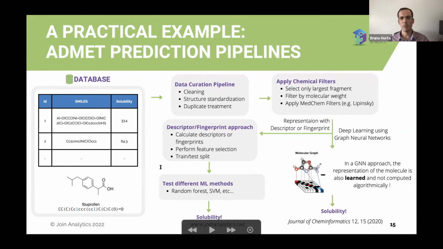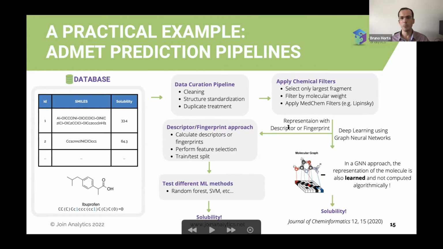represent those chemical structures with descriptors or fingerprints that are pre-calculated by algorithms. Because the computer will not understand this SMILES string. So you basically use the chemical structure to pre-calculate physical chemical properties or other properties or descriptors, or even fingerprints like the Morgan fingerprints.